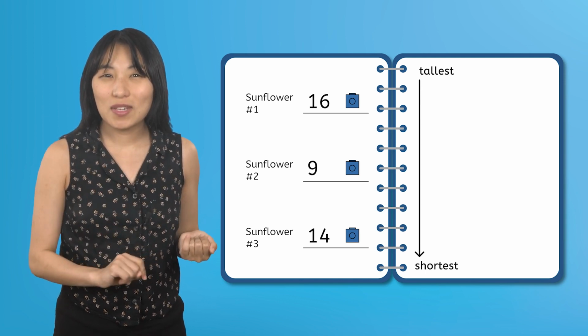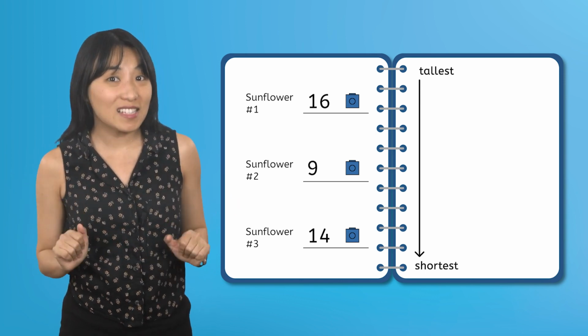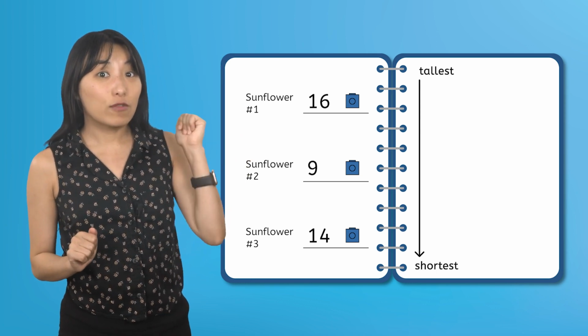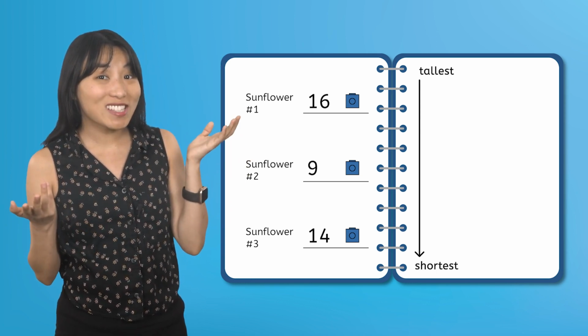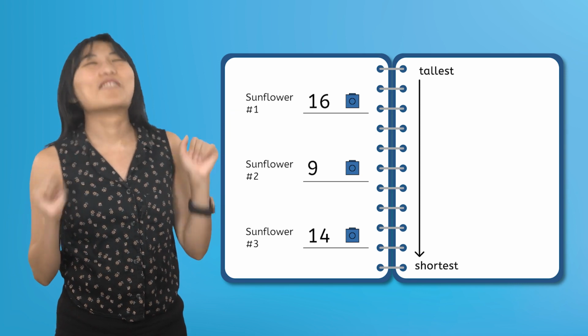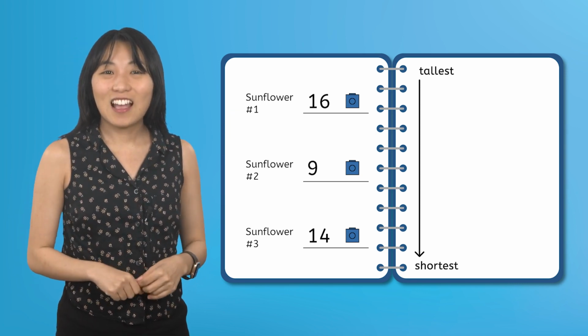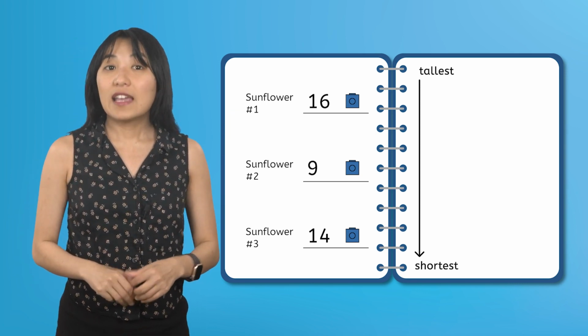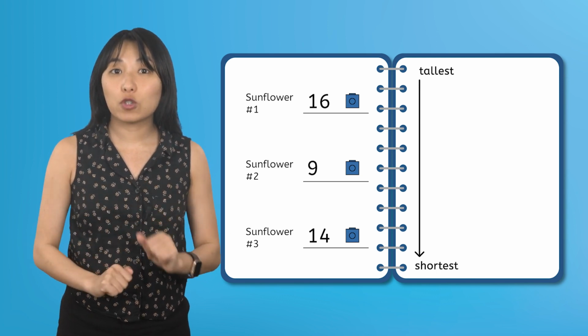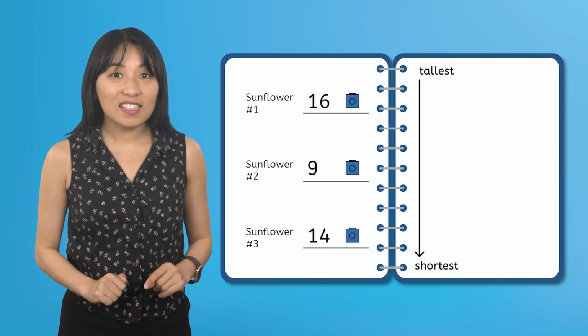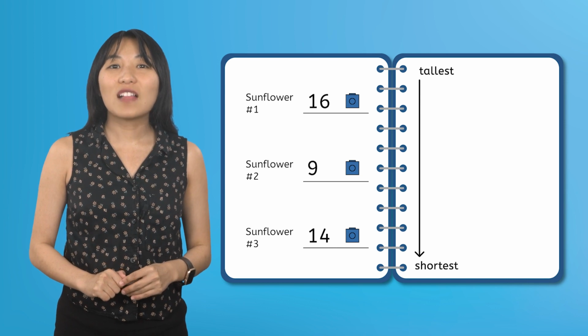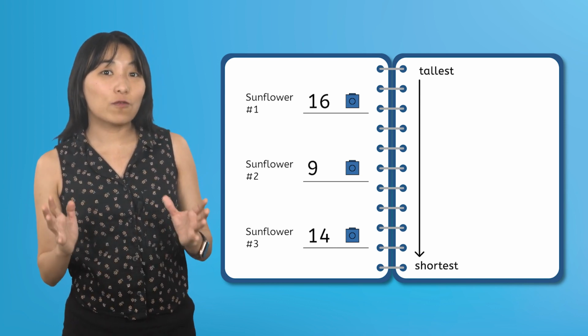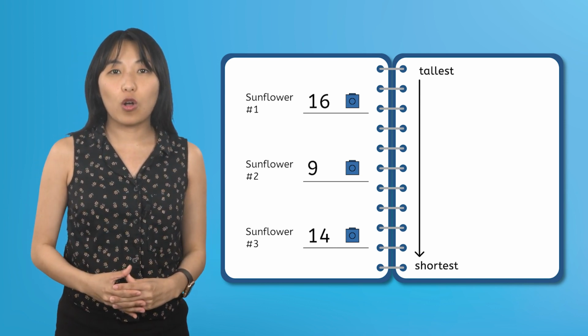Do you think we can compare and organize these sunflowers by height if we don't have the pictures? We sure can. The first sunflower is 16 snap cubes tall. The second is 9 snap cubes tall, and the third sunflower is 14 snap cubes tall.